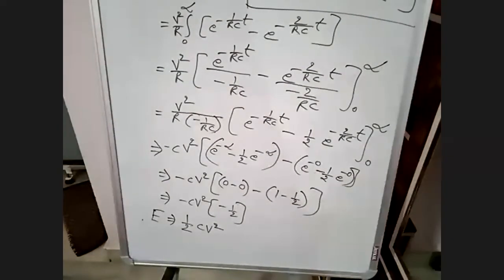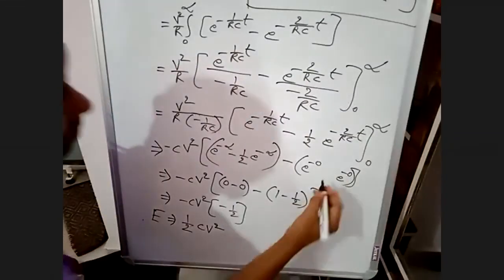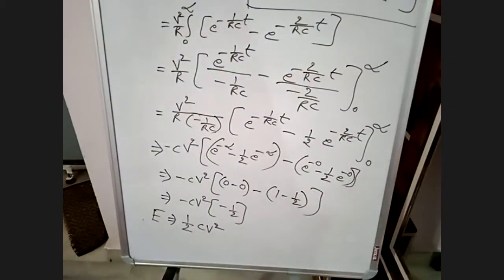So this is the energy stored in the capacitor, half CV square. This is the derivation for energy stored in the capacitor.